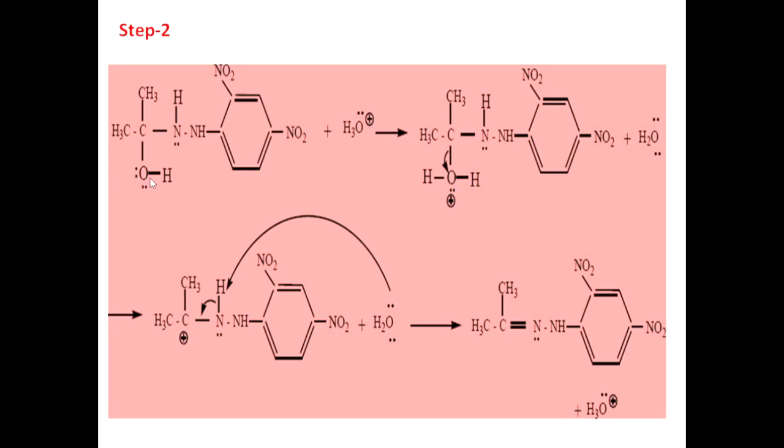This OH will take a proton and then elimination will take place and water is eliminated. Then in the last step, this proton will be absorbed by water and we will get the hydronium ion, and elimination will take place and we will get this imine type of hydrazone compound.